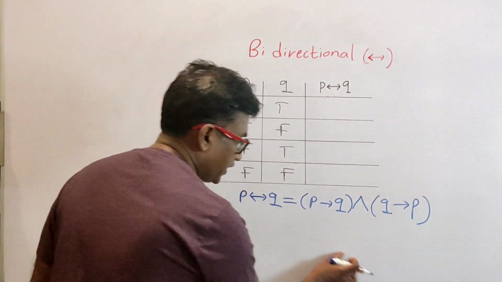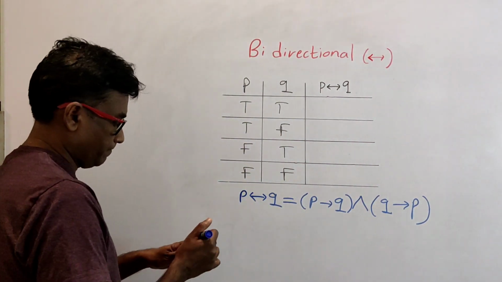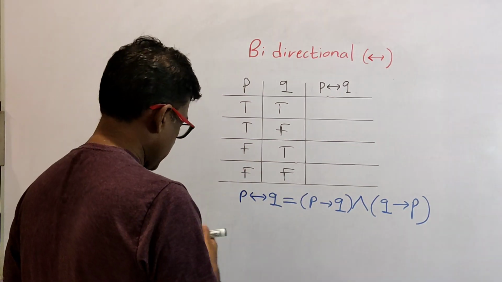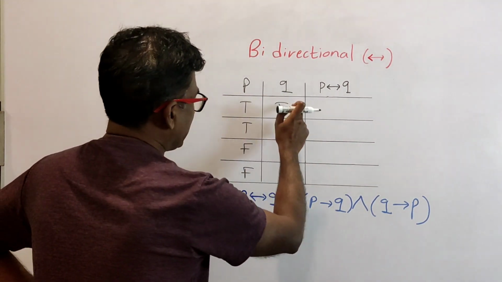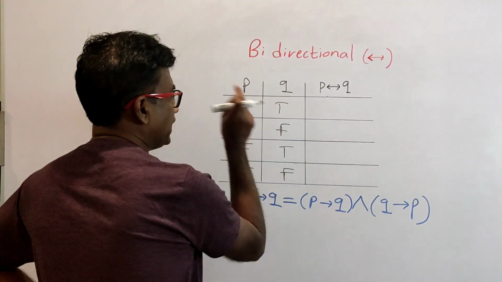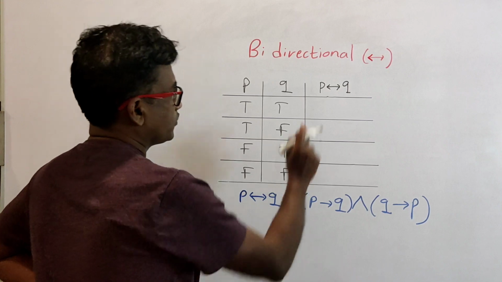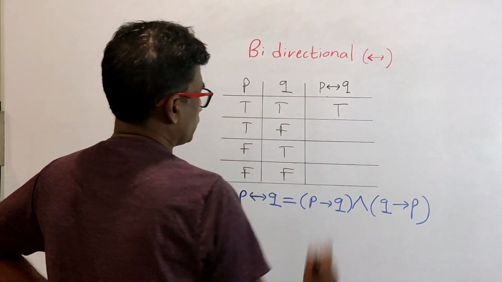We have to associate that rule with the rule of conjunction. Okay? Now here you know P is true and Q is true. So P implies Q is going to be true and Q implies P is also going to be true. So P if and only if Q is true.